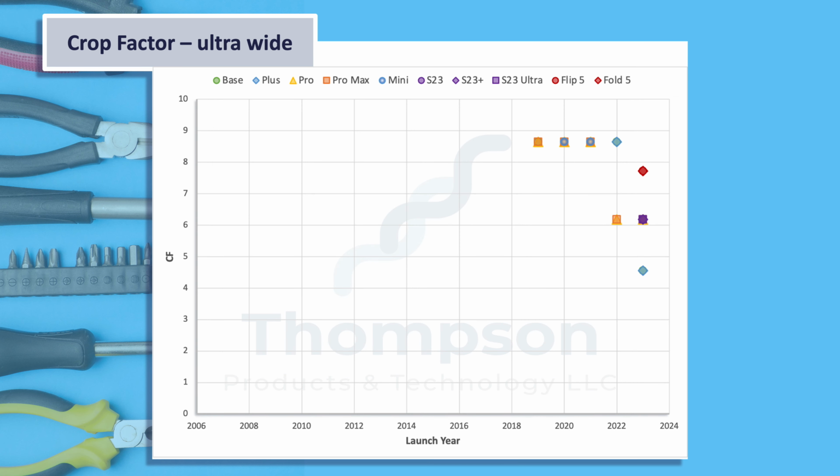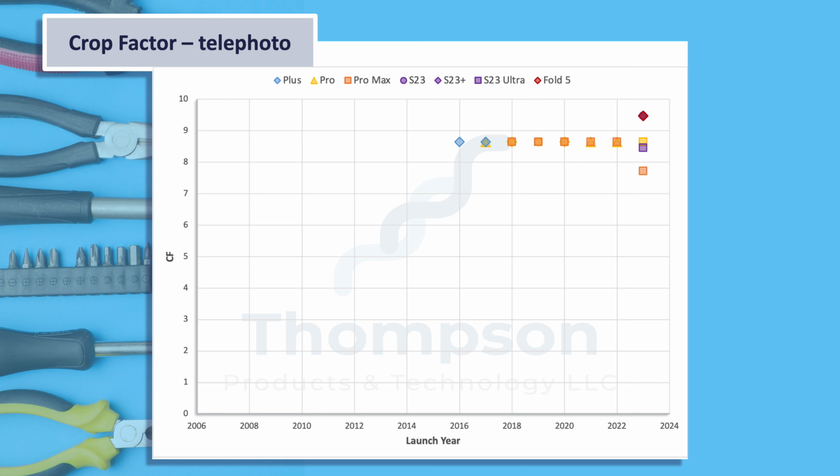Looking at the ultra wide-angle camera crop factor, we see some big improvements recently, particularly for the 15 base and plus models, helping them focus on their niche of capturing moments in indoor environments. For the Pro, Pro Max, and S23 Ultra, we see the same sensor size, so again, no quality difference between them. Moving to the telephoto cameras, we finally start to see some differentiation for the Pro Max.